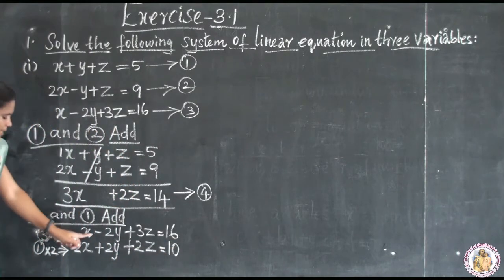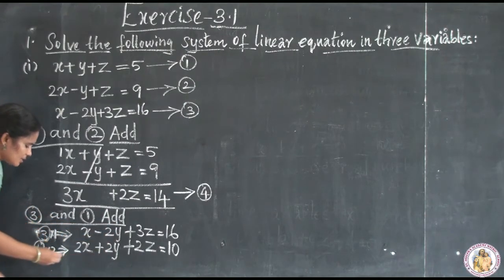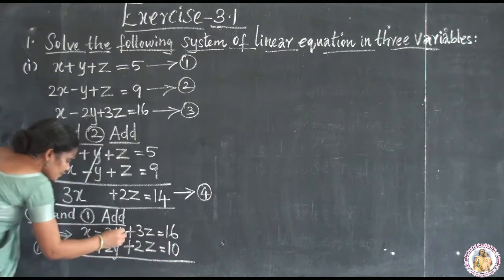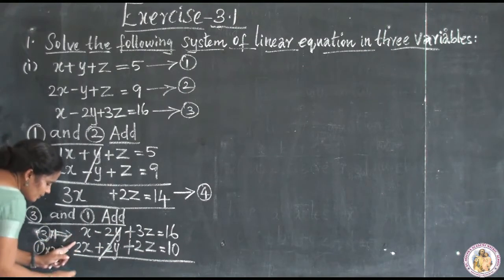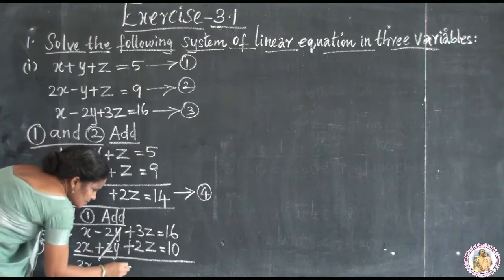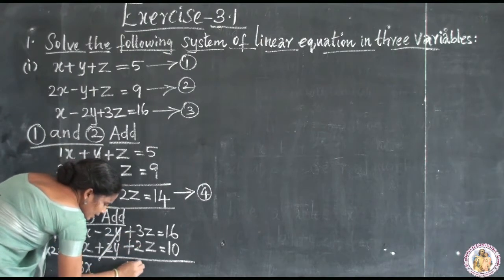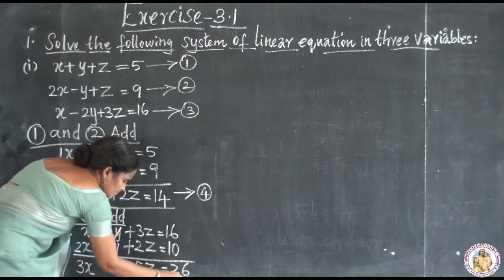Now you can see 2y and 2y, we can cancel easily, isn't it? Here cancel. So 2 plus 1 is 3x plus 2 plus 3, 5z is equal to 26.